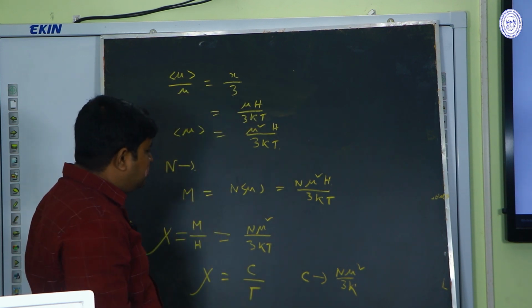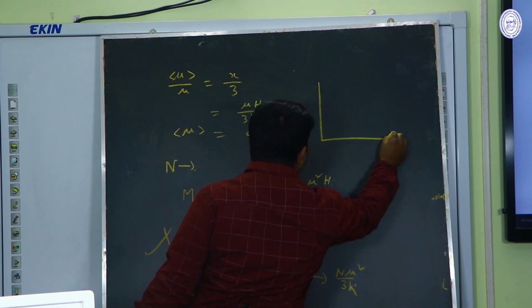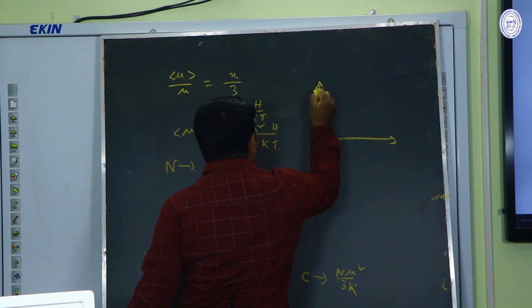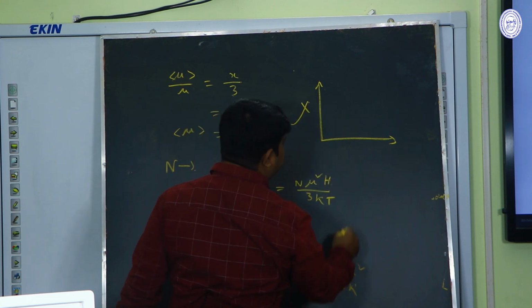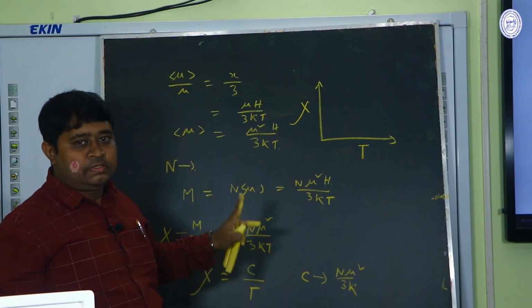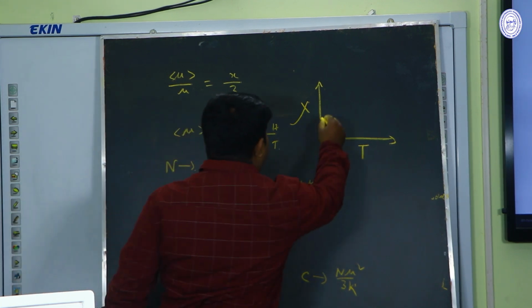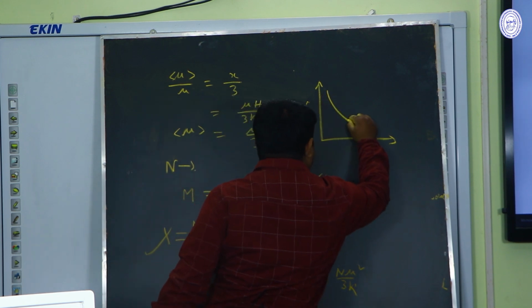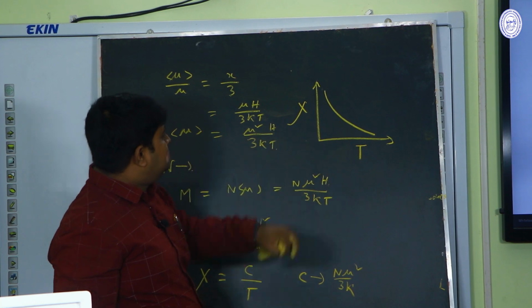If we plot the susceptibility chi along the y axis and temperature along the x axis, the nature of the curve is like that.